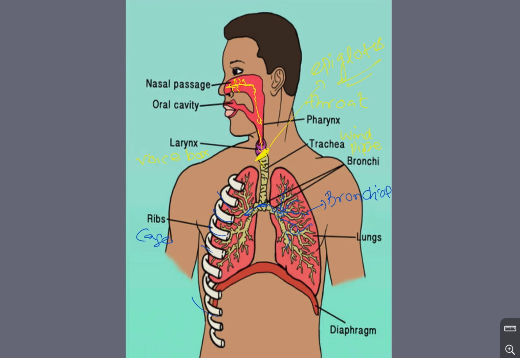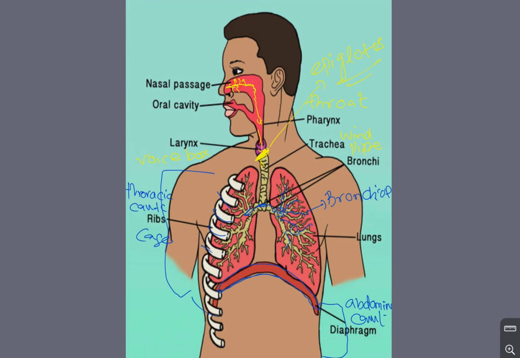And this is the diaphragm, which is a dome-shaped muscle resting below the thoracic cavity. The heart and our lungs are present in the thoracic cavity, while below the thoracic cavity we have the abdominal cavity.